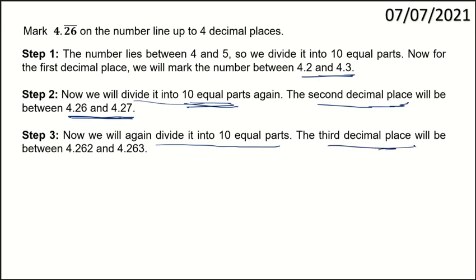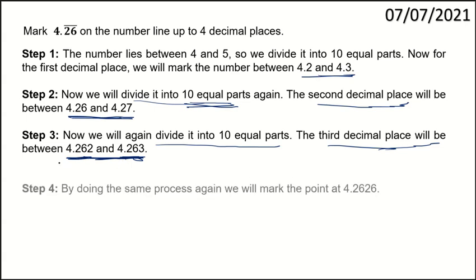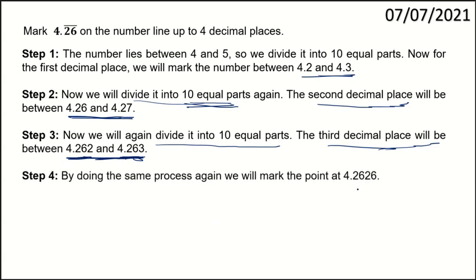For the third decimal place, we have to go further, that is 4.262 and 4.263. There, for the fourth decimal place, we have to magnify it and divide it into 10 equal parts and reach the 4.2626 number. This is how we do it.